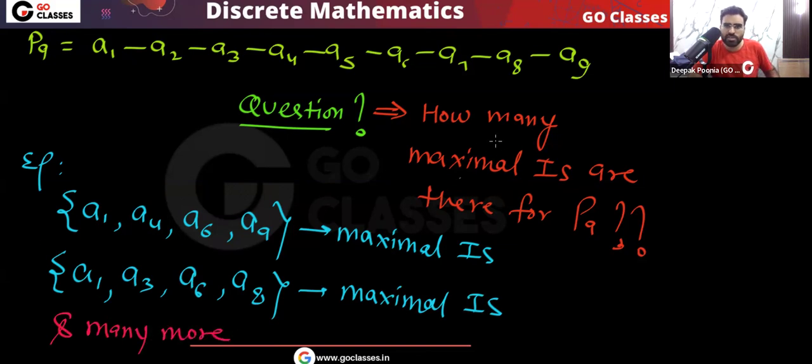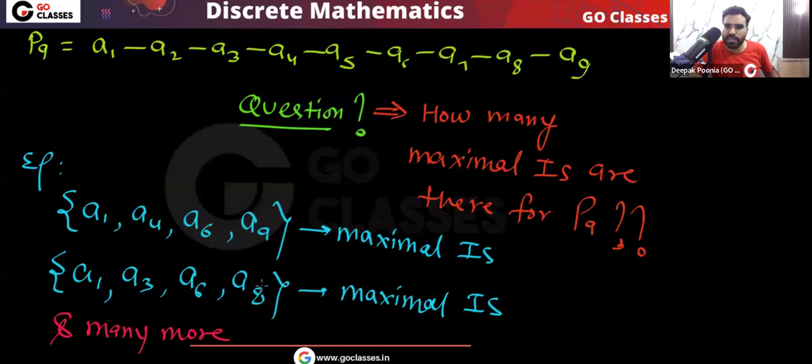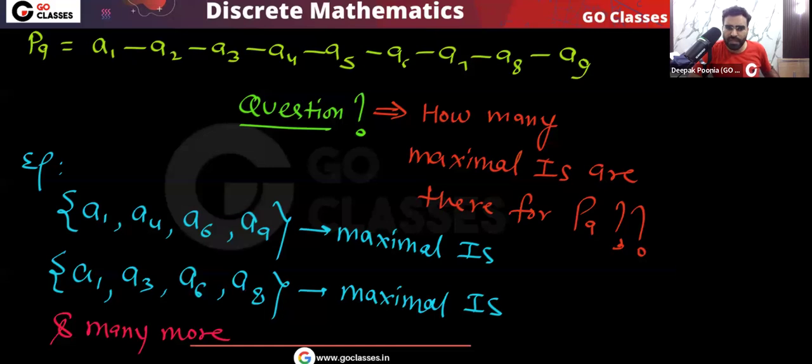So my question is, how many maximal independent sets are there for P9? Will you calculate manually? Will you create all of them and count manually? Is that a smart method? The answer is no, that is not a smart method. So there must be some other method.